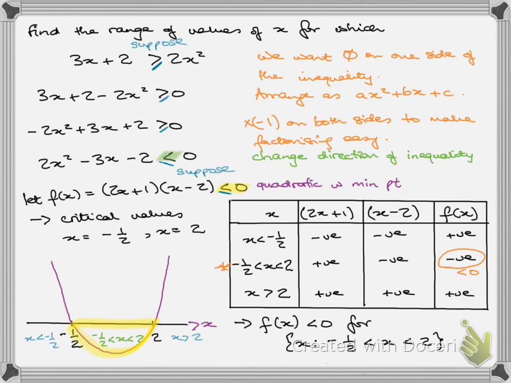So there I've put in all the or equal to's. So what happens to our solution set? Well, it now has to include both -1/2 and 2. It has to include the critical values because f of x is equal to 0 at those critical values. And so that now is my solution.